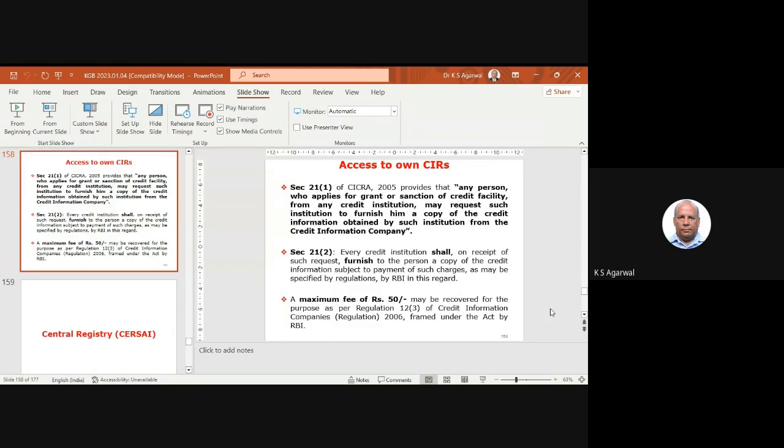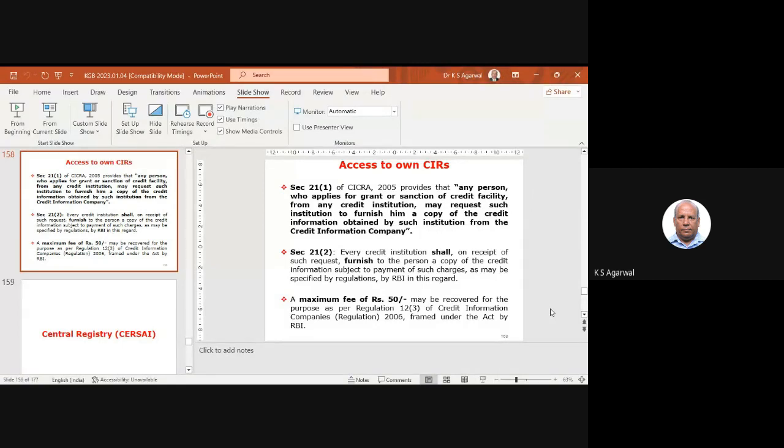Now, this is an important provision. Section 21(1). You need not remember the section, but you should remember the meaning of that provision. Any person who applies for grant or sanction of credit facility from any credit institution may request.